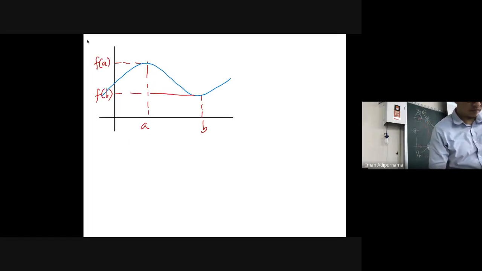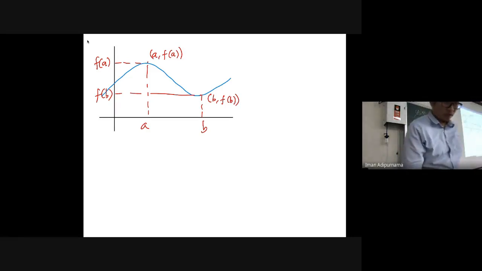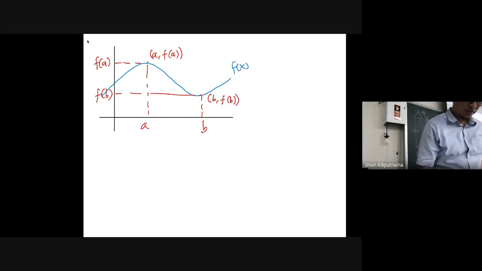Just for your notes here, if you have a and b, this is f of a, this is f of b, and this is f of x, of course.